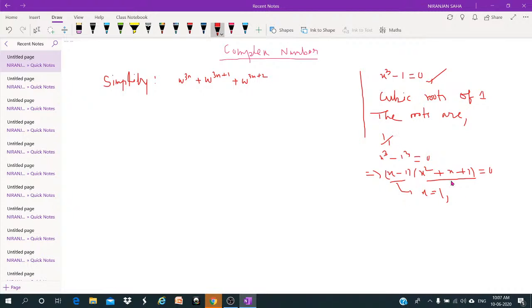The other roots we will find out from this part, x square plus x plus 1 is equal to 0. This is a quadratic equation.